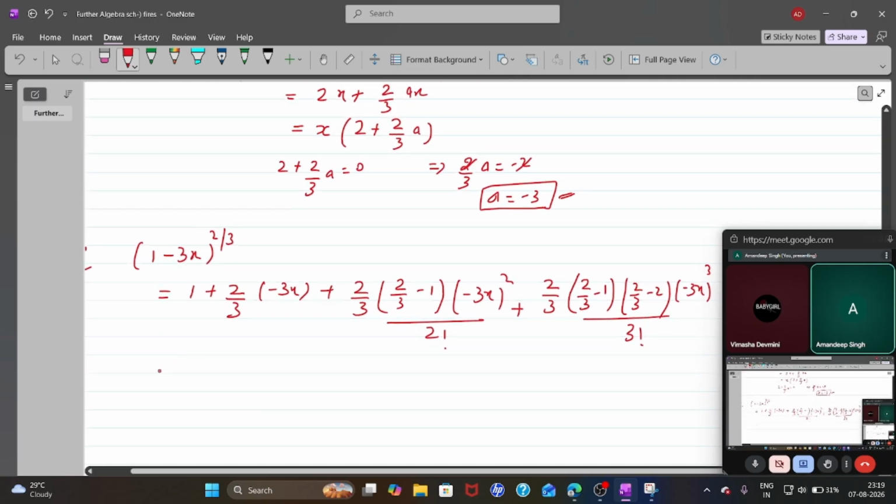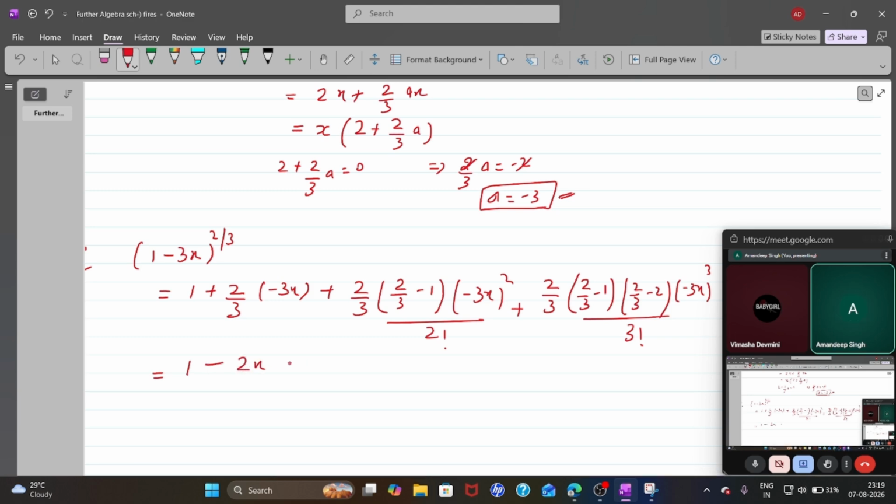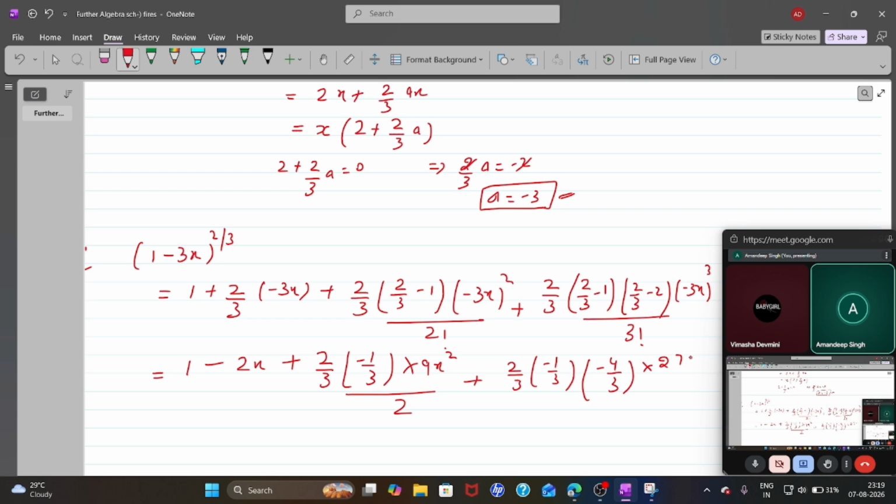So it is 1 minus 2x plus 2 by 3 into minus 1 by 3 into 9x square divided by 2, plus 2 by 3 into minus 1 by 3 into minus 4, minus 6 and minus 2, that is minus 4 by 3 into 27x cube divided by 6.